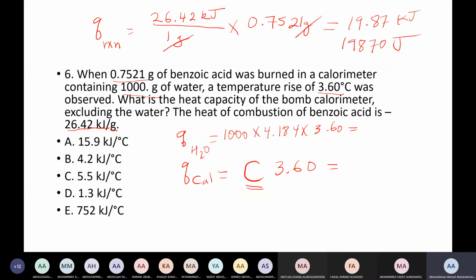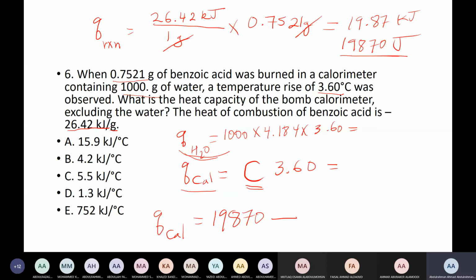Okay, good. Now this heat is equal to both of these together. So what's Q calorimeter? It's 19,870 minus the Q for water.